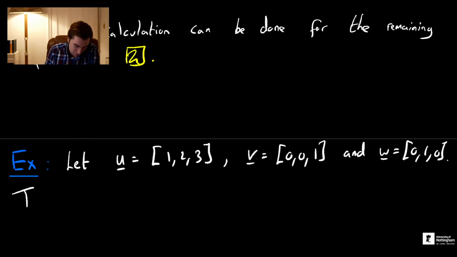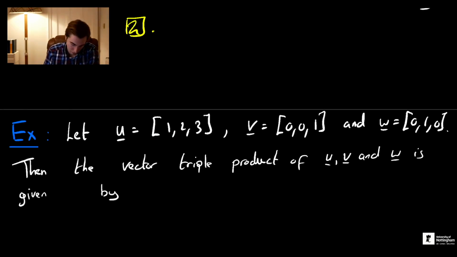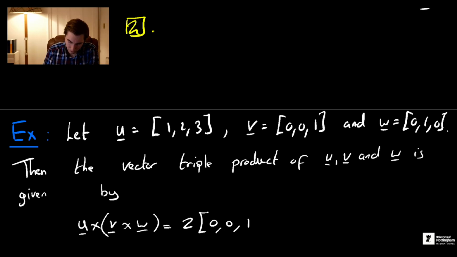Then the vector triple product of u, v, and w is given by, we can just write it as u cross v cross w. So we can write this as 2 times 0, 0, 1. Why have we got that?